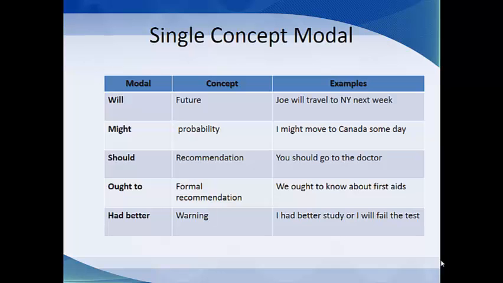For example, you should go to the doctor. It's an advice. Ought to expresses formal recommendation. For example, we ought to know about first aids. Had better expresses warning. I had better study or I will fail the test.